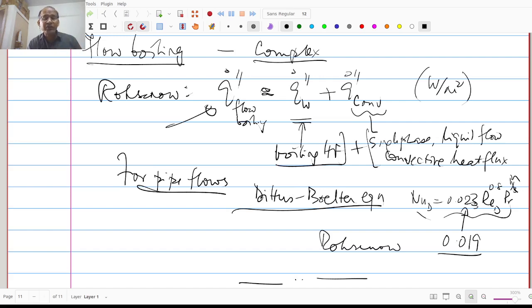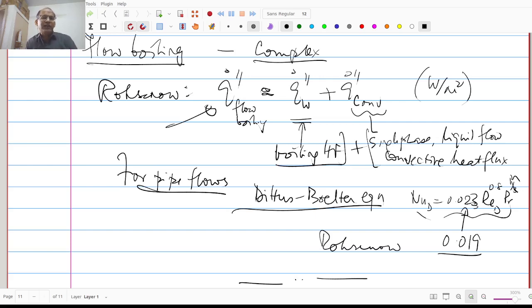And with that, actually, we come to the close of what we wanted to discuss in the course on convective heat transfer. So just to sum up, we started with a basic understanding of the governing equations in single phase convection. Then we looked at external flows, flow over flat plates, so boundary layer flows of forced convection.